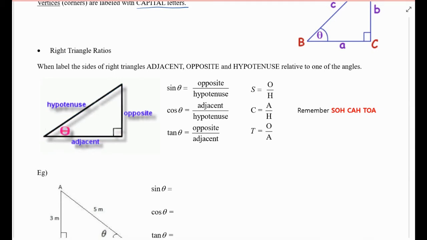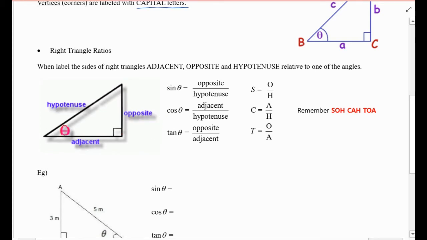All right, everyone? So we have theta here, and this side is opposite to theta, right? It is facing the angle theta, so we call this side the opposite side.